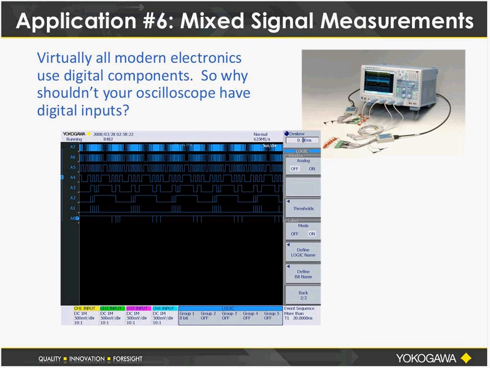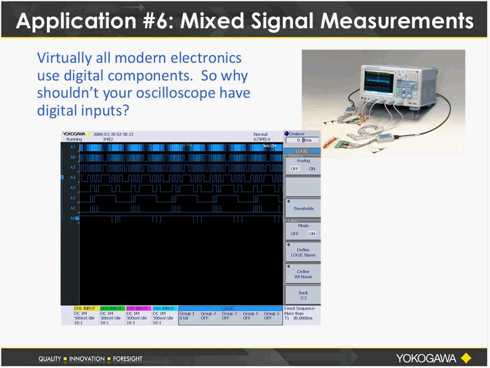I mentioned that with serial bus signals, a lot of it is related to the digital work that customers are doing. At the same time, maybe you don't have a serial bus, maybe you have a parallel bus. And we know that pretty much all modern electronics use digital components. So why should you restrict yourself to just taking analog measurements on your instrument?